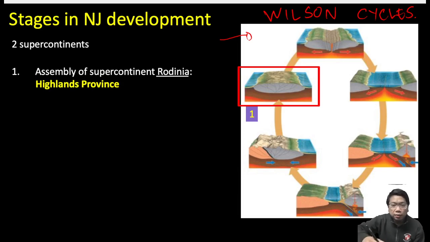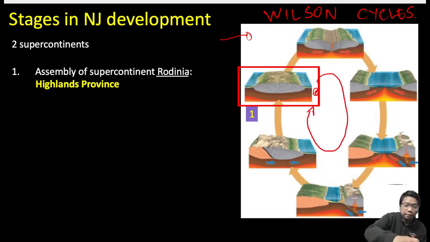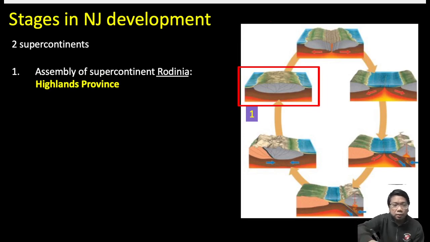So that's what the Wilson cycle is all about. It's all about the formation and the rifting of different supercontinents, creating a complete cycle like that.